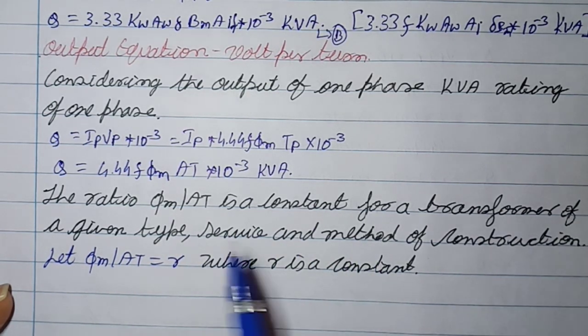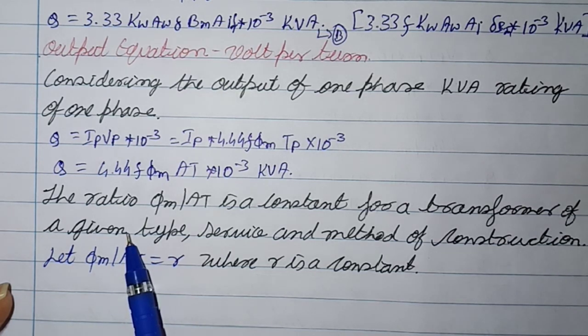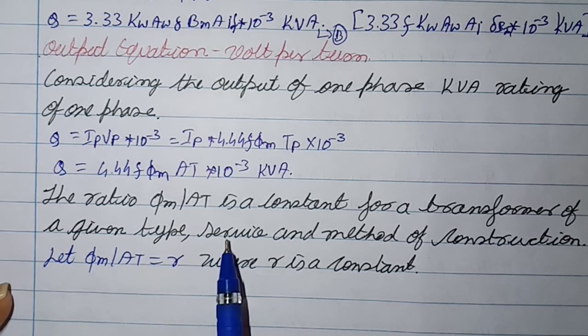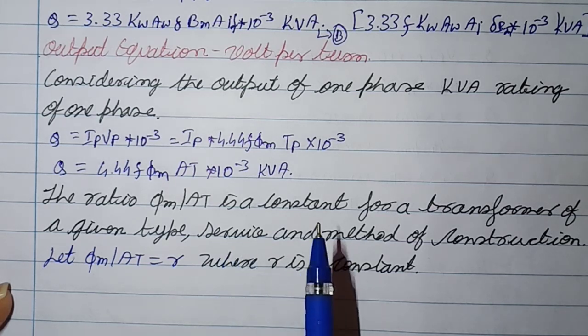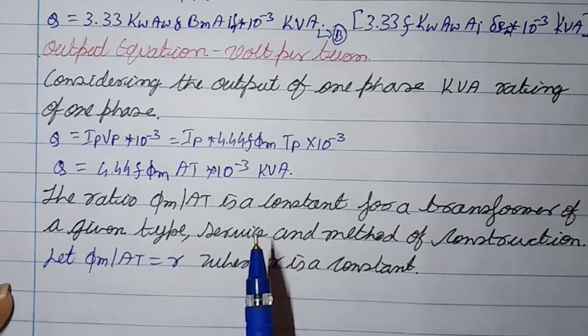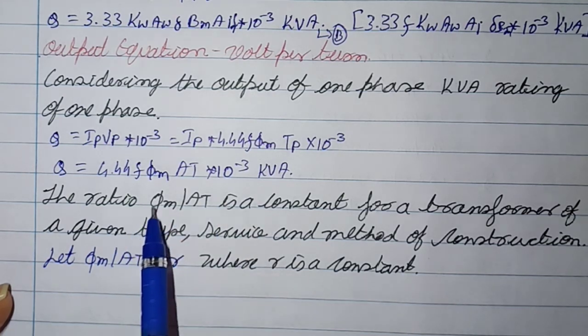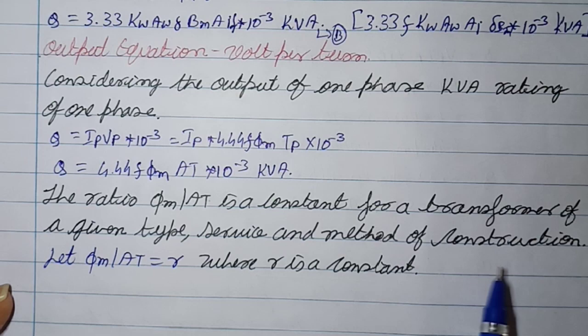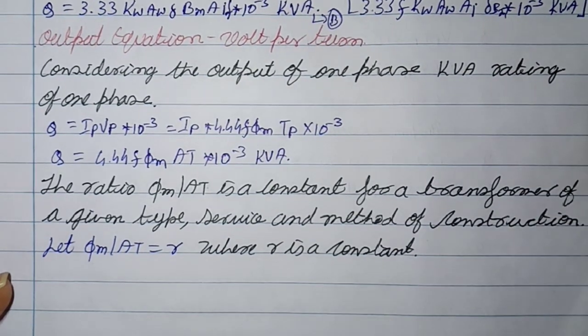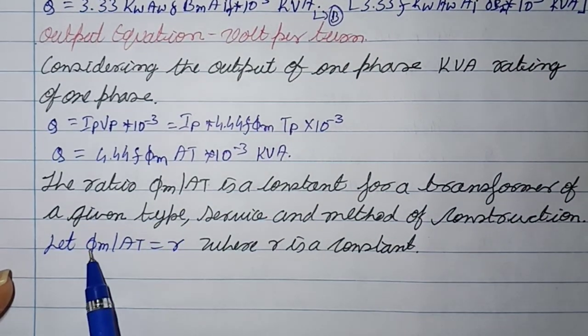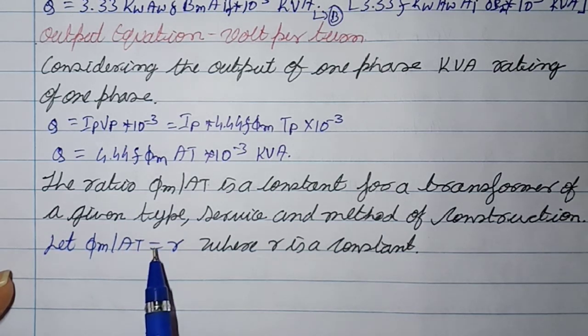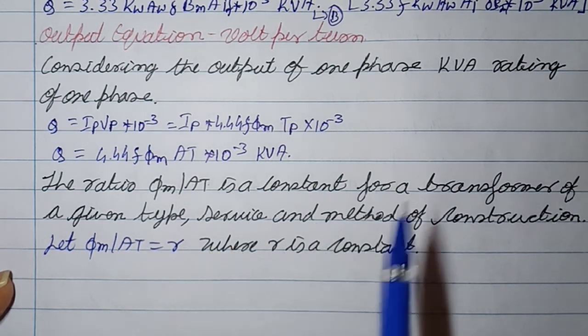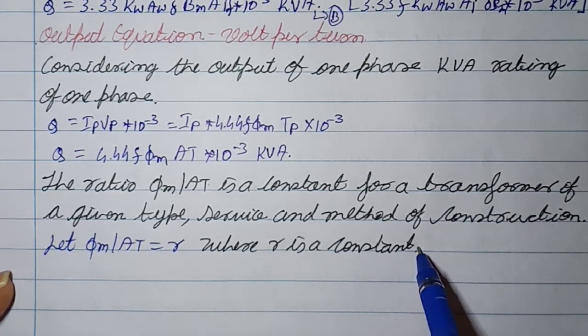The type means what type of transformer it is, service means whether it is a power or a distribution transformer, and method of construction means core or shell type. So this ratio of phi m by ampere turns is a constant, and it depends on these three parameters. So we are taking phi m by AT to be equal to R, where R is a constant.